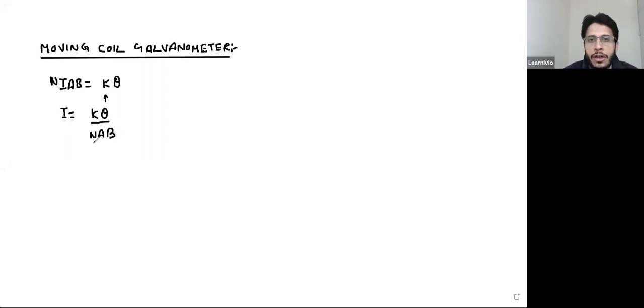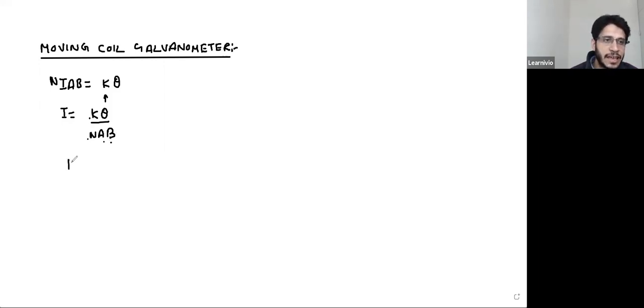Now if I talk about a galvanometer, in a galvanometer these four terms K, N, A, and B are constant. Torsional constant K is a constant term, N, the number of turns, is a constant term, A, the area of the coil, is a constant term, and B, the strength of magnetic field, is constant.